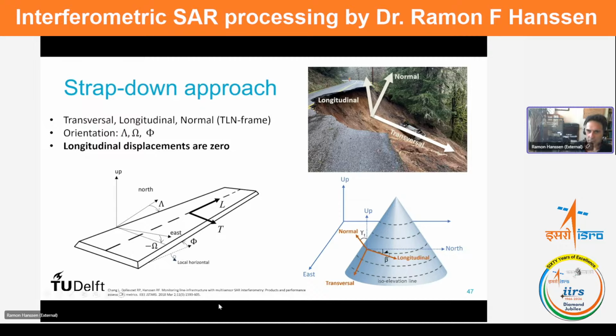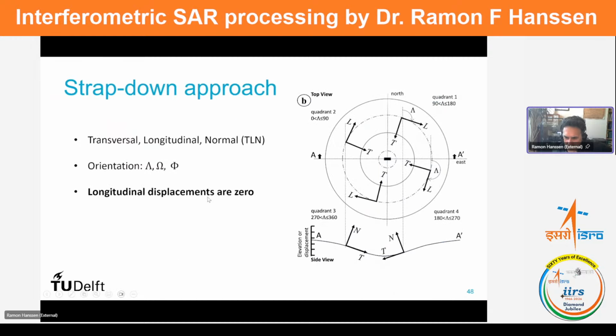So here on the lower right picture, you see a sketch of a mountain and the angles that we define for the longitudinal direction, which are parallel to the ISO height lines, the transversal direction, and the normal direction. Now, another example here, this is another sketch with a top view and a side view.